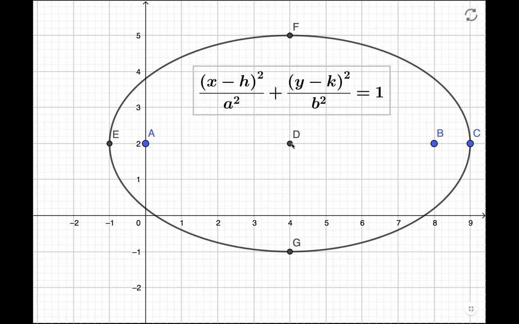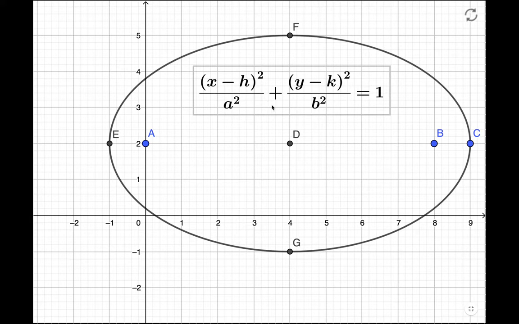If you'll notice, 4 out to -1 is 5. So this would be 5 squared, or 25. B squared, again, B is the distance from the center to a co-vertex. And if you notice, that's 1, 2, 3 units. So it'd be 3 squared, or 9. And that always equals 1, which is really nice.